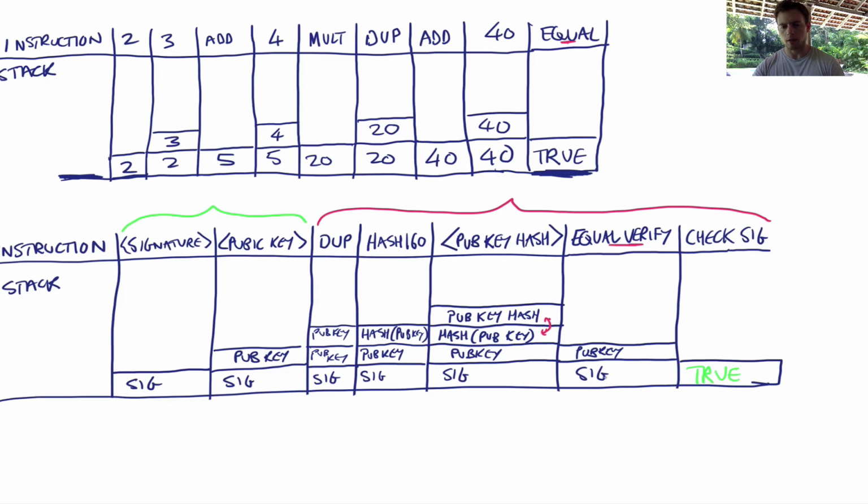That leaves the public key and the signature, which are the two variables required to perform check signature. Check signature, again, I'll go into more detail in the next video, but it's an operation that checks the digital signature that's been applied to the new transaction.